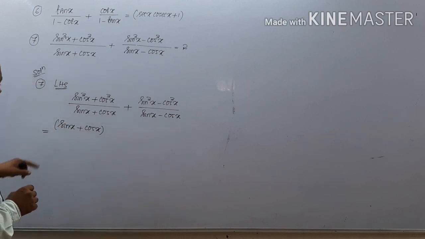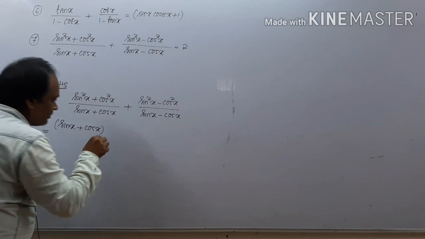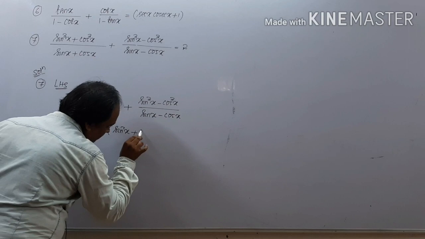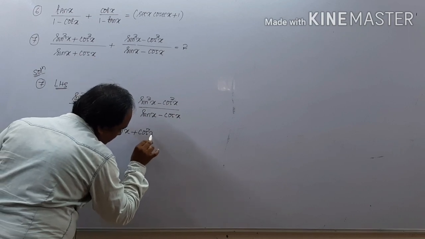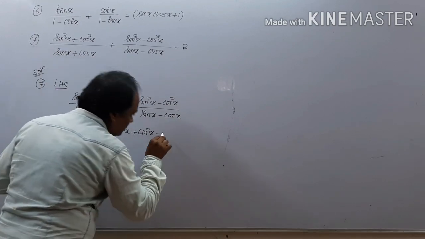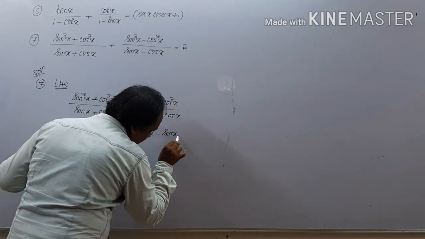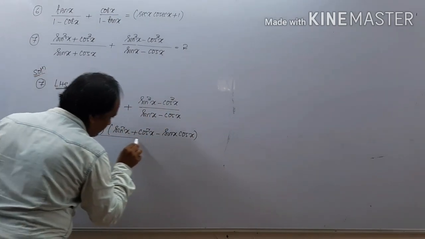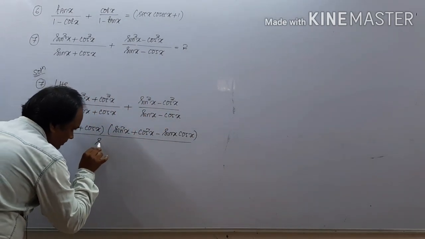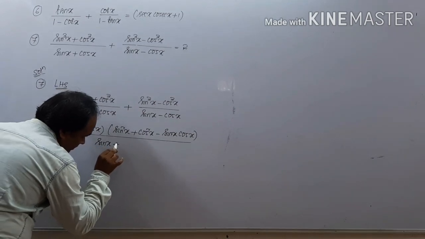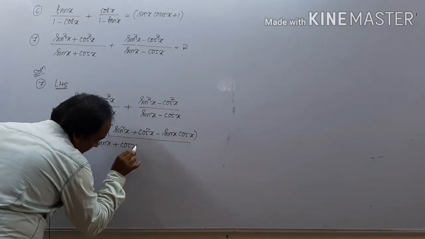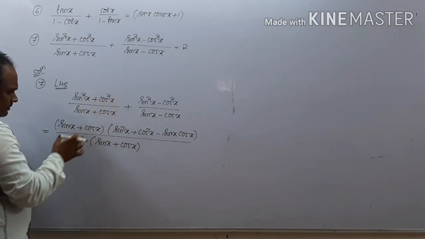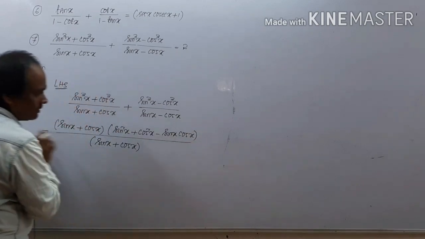So a cube plus b cube formula, at first a plus b multiplied by a square, that is sin square x, plus b square, cos square x, minus ab, that is sin x into cos x, whole divided by sin x plus cos x, right? So this term is equal to this particular term, right?